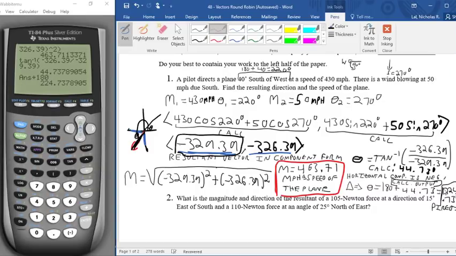So let's box it up. Our magnitude is 463.71 and our direction is 224.73 degrees.